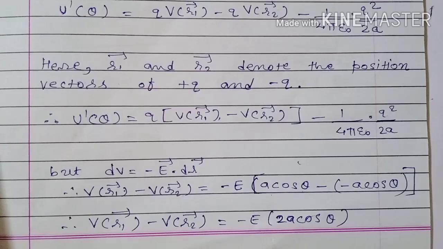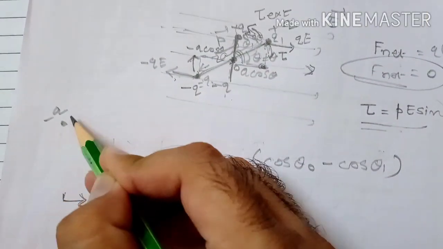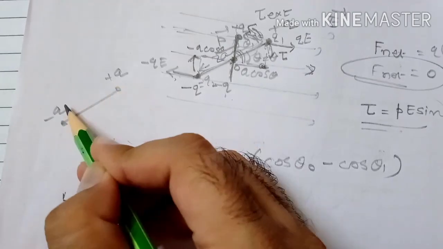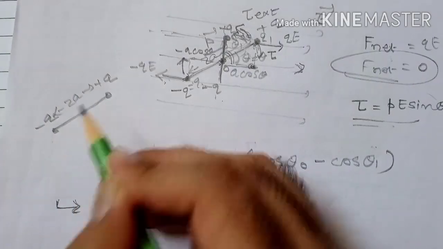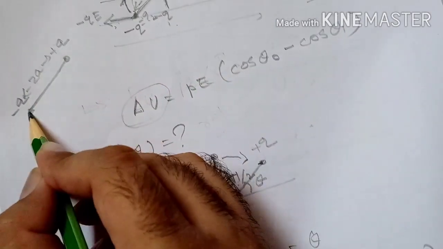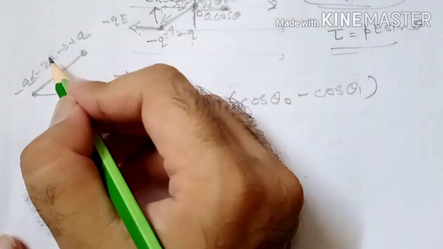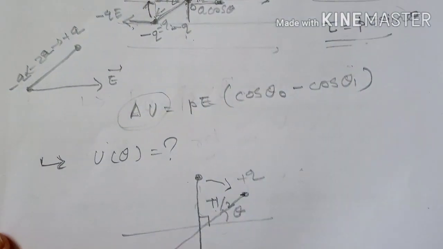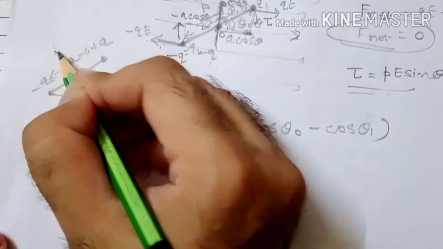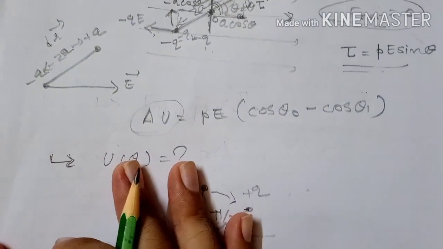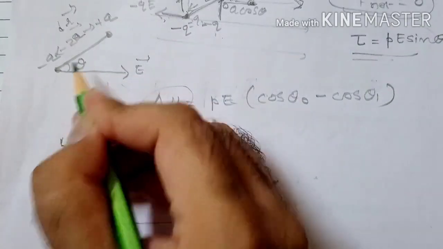There is one another method also. Instead of this, if we consider this as minus Q, this as plus Q, and the distance between them is 2a, and here is the direction of electric field, E vector, then this is nothing but dr vector, this is E vector, and dr vector is 2a vector, and the angle between them is theta.